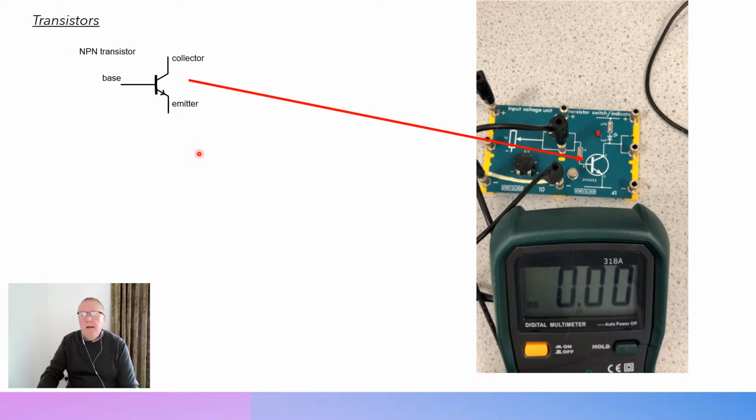In Nat 5 physics, there are two different types of transistor. They both do exactly the same job, which is they're like an electronic voltage controlled switch. So an automatic switch that will switch something on when you have a voltage in the circuit above a certain value. That's the symbol for it.